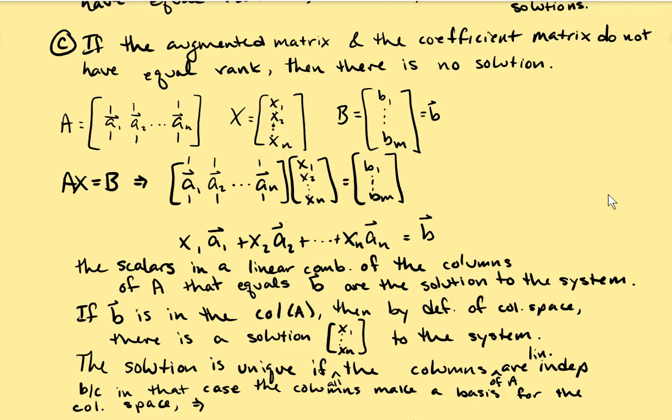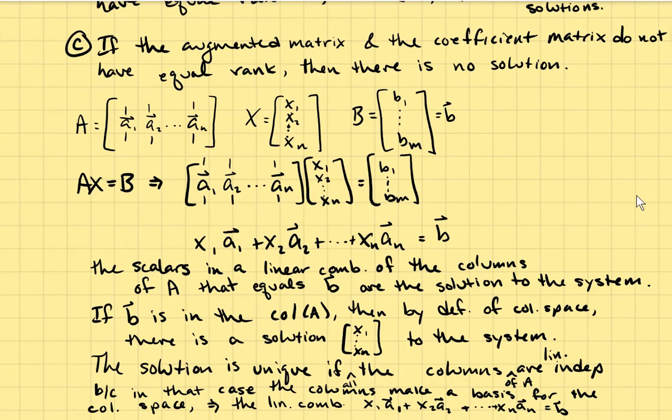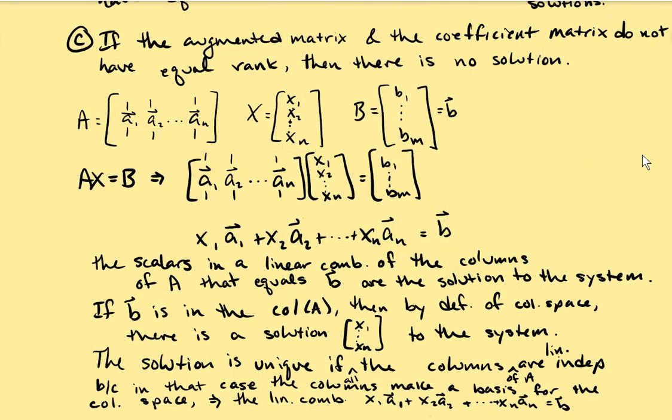So we'll say, meaning, the linear combination that makes this true, the linear combination that makes that statement true, is unique.